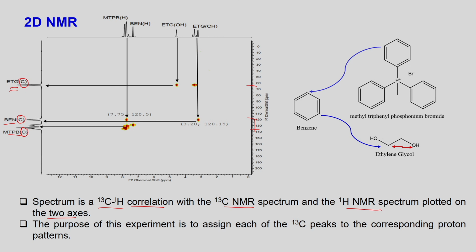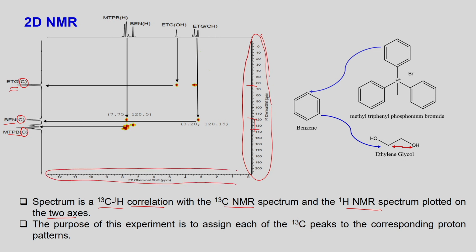Now, please pay attention. We are actually plotting all the peaks in a single graph. In the case of C13, all the peaks are plotted here, and all the peaks of the proton NMR are plotted on the x axis. This represents the ethylene glycol CH peaks, the hydrogen atom connected to the CH, which is this ethylene glycol.